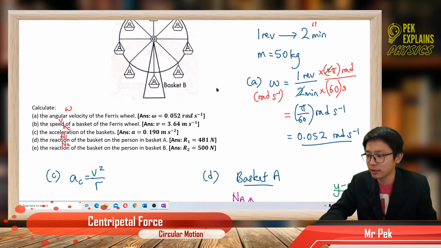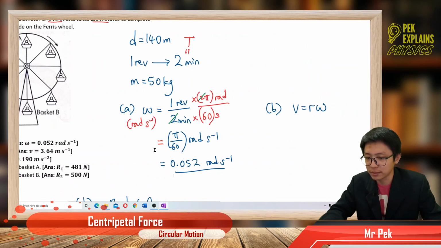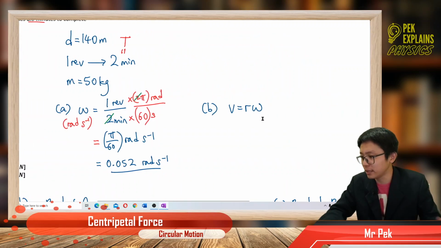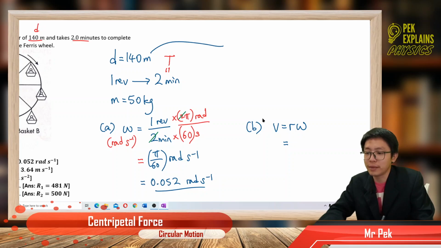And now, let's find the speed of the basket of the Ferris wheel. V equal to R omega, that's our formula. We have the diameter, so to find the radius, just divide the diameter by 2.